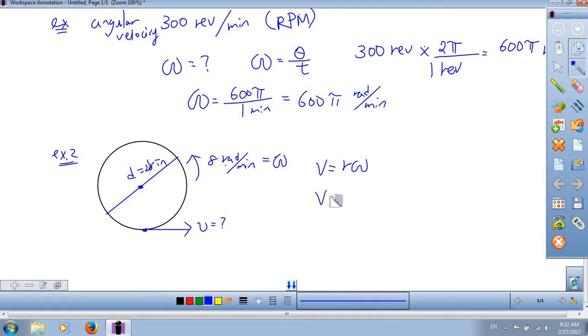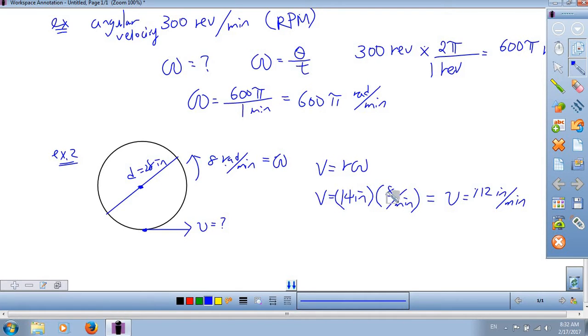In this case, we know the radius is 14 inches, half of the diameter, 28 inches, and omega is 8 radians per minute. So when you multiply together, the linear velocity will be 14 times 8, which is 112 inches per minute. Now notice the omega has no unit.